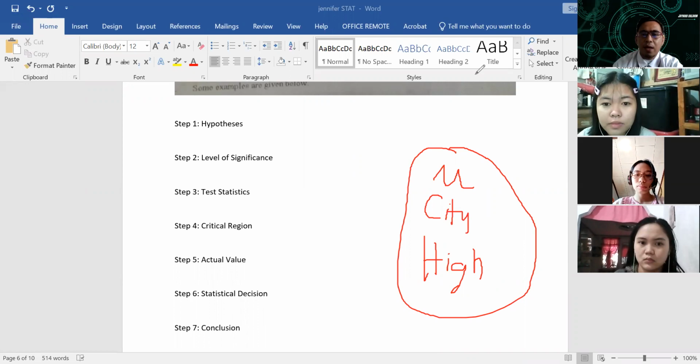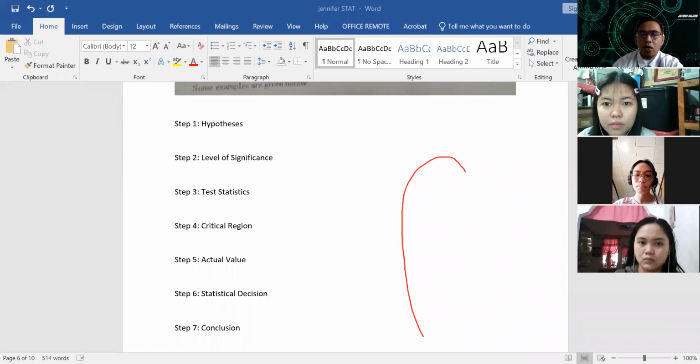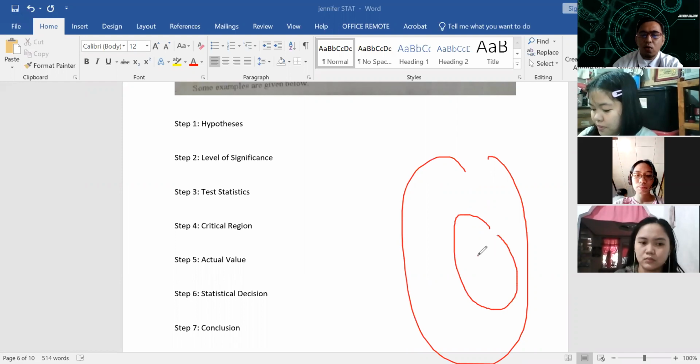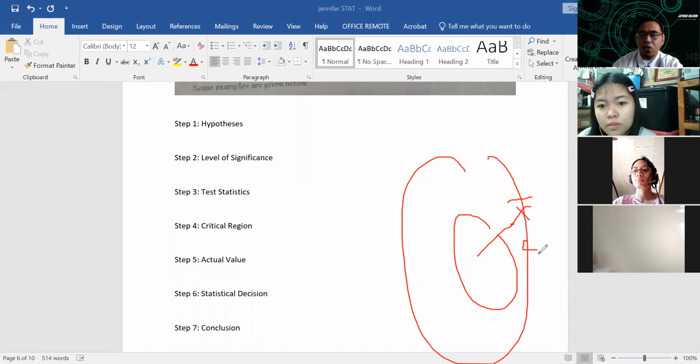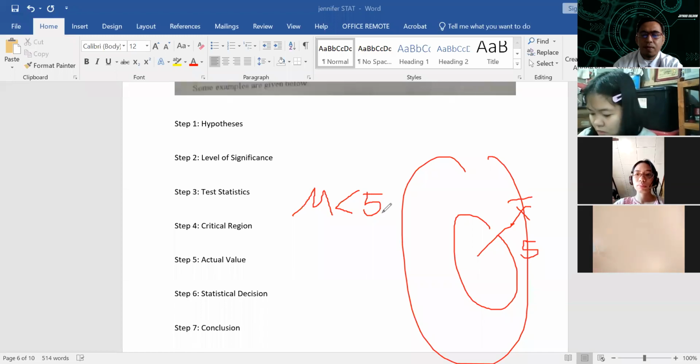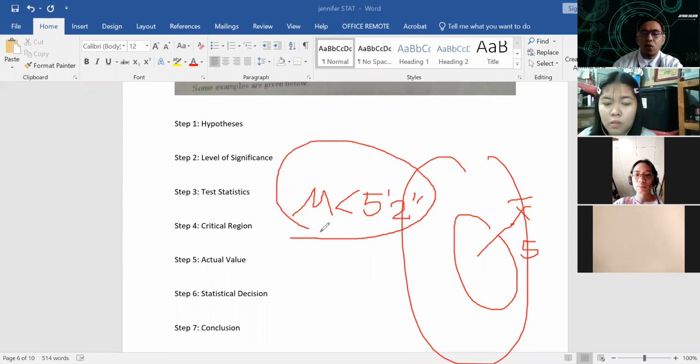And from that sample, you are going to measure here the sample mean, your sample standard deviation, your S. Then say for example, you are claiming that the height of the students from City High is less than, say for example, 5'2". So what you will be doing is, kinahanglan nimo ni iso nga tinuod.